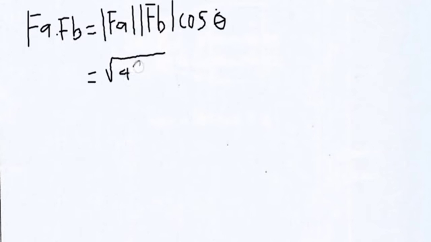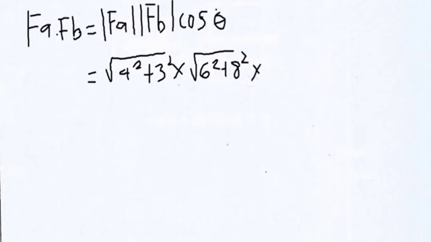The solution is FA dot FB equals magnitude FA times magnitude FB times cos theta, equals square root of 4 squared plus 3 squared, times square root of 6 squared plus 8 squared, times cos theta.